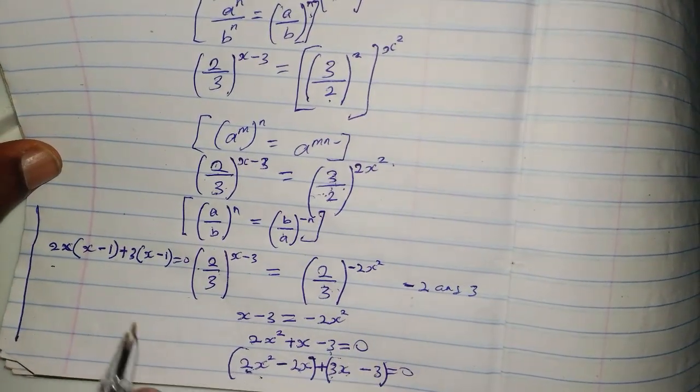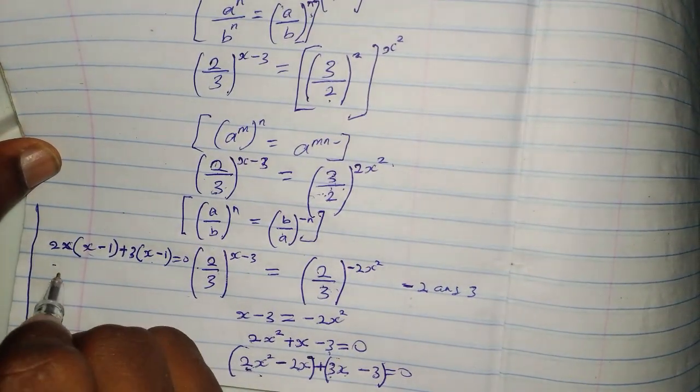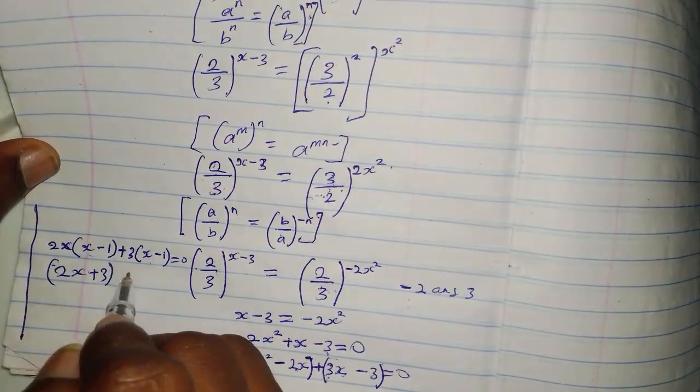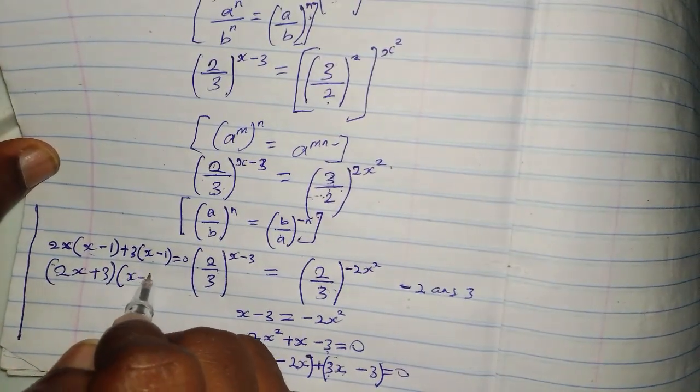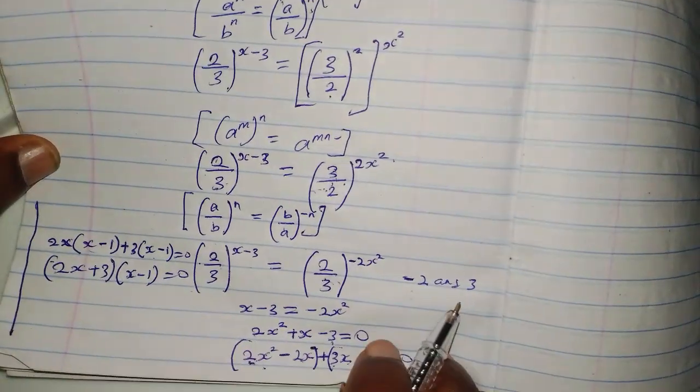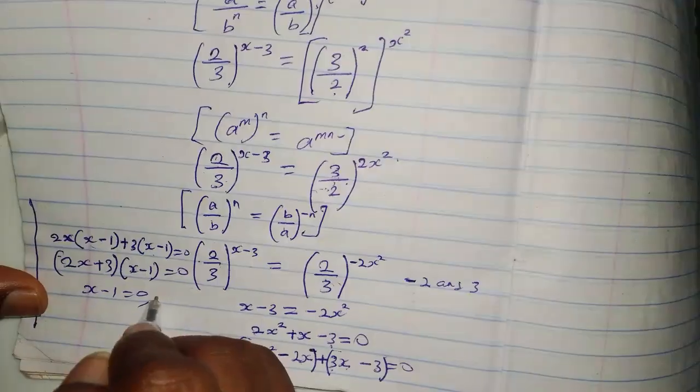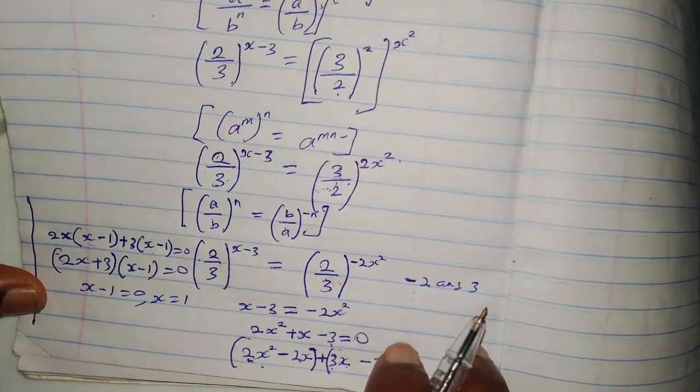From here we can see that this and this are the same, so we simply have (2x + 3)(x - 1) = 0. From here we can see x minus 1 equals 0, therefore x equals 1.